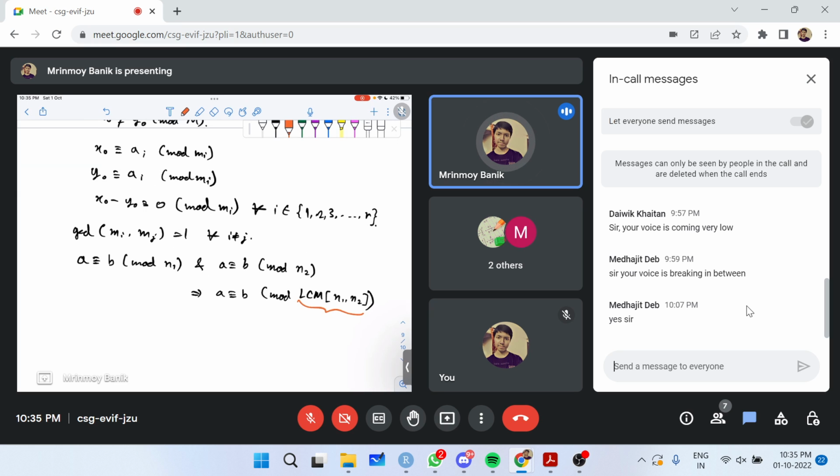LCM is basically the product divided by the HCF or GCD.